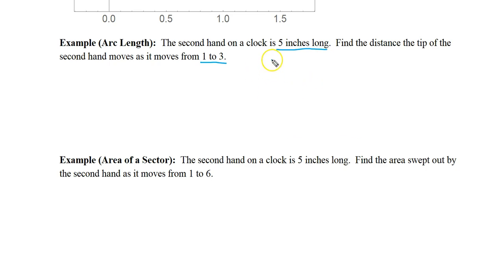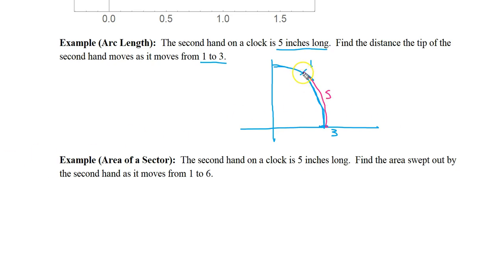So we want to find this distance along the outer edge of the clock. As our second hand moves from the 1 position down to the 3 position, we want to find this distance along the outer edge of the circle of radius 5. So we need to find that distance s.